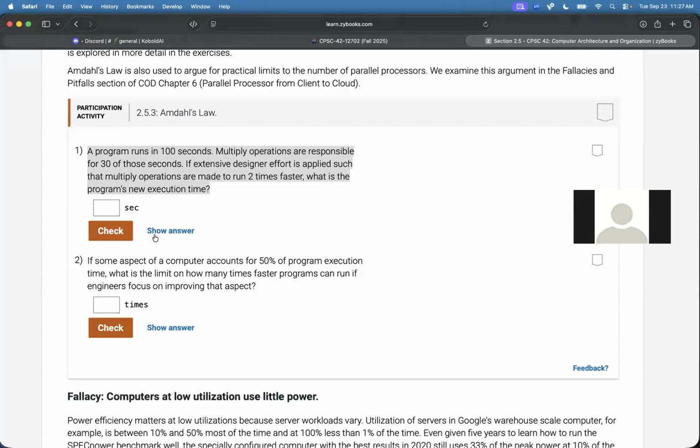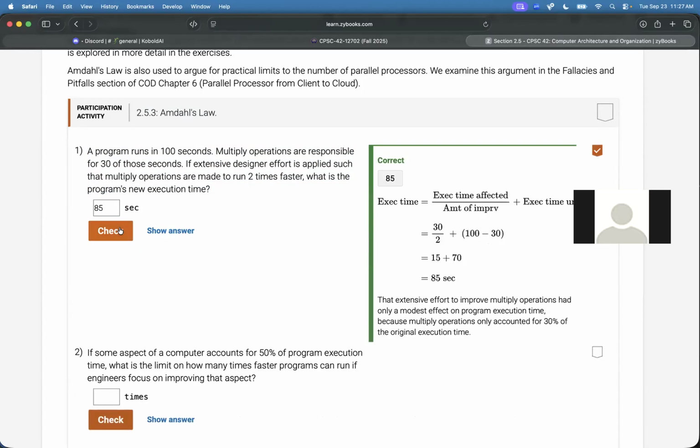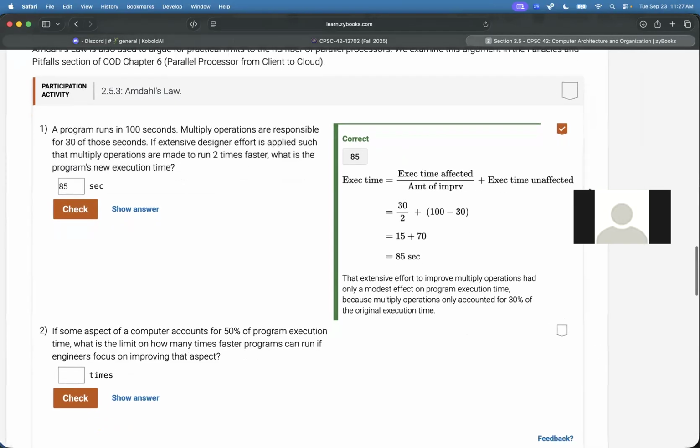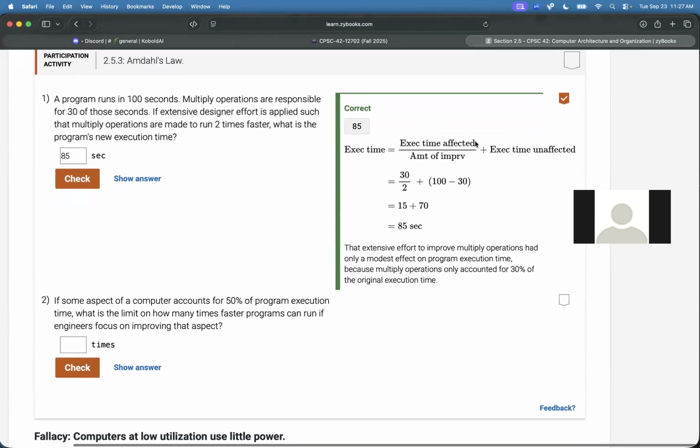And so if you come over here and try to put this in to check the answer, you'll see that we get it right. But the way they try to explain it with a math formula is, I feel like, a little bit confusing, right? Yes, you could use this: the execution time affected, which is the 30 seconds for the multiply.